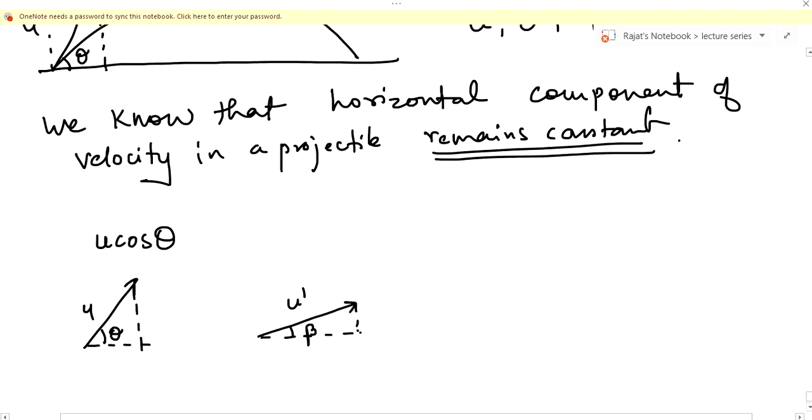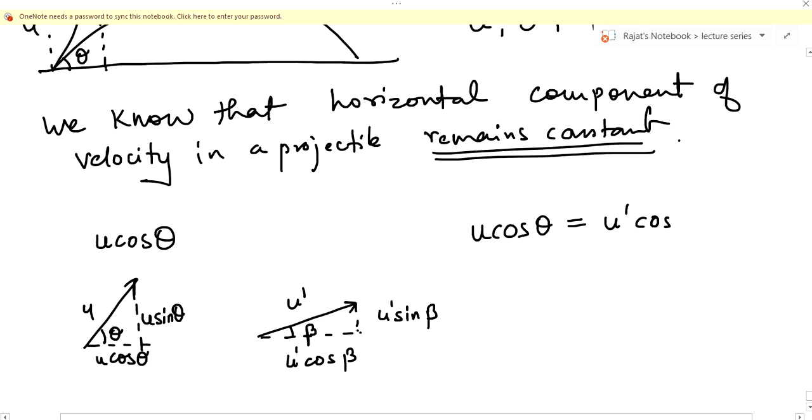So clearly in this triangle the horizontal component will be u dash cos beta and vertical will be u dash sine beta. Here the horizontal is u cos theta, here u sine theta, and we know that the horizontal component does not change. So can I write that u cos theta is equal to u dash cos beta? This is the trick.